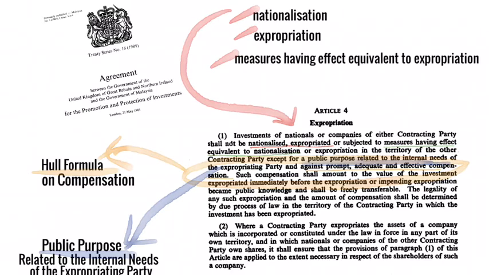One is nationalization or expropriation, that is called direct expropriation, and the second one is measures having effect equivalent to nationalization or expropriation. So this is called indirect expropriation.